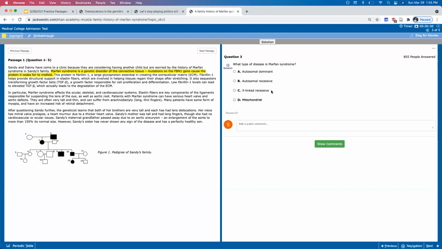It's not X-linked recessive, because then all the males would have it passed down from their mom. So it is one of the autosomal diseases, but is it dominant or recessive? How do we know that? Does anyone know?